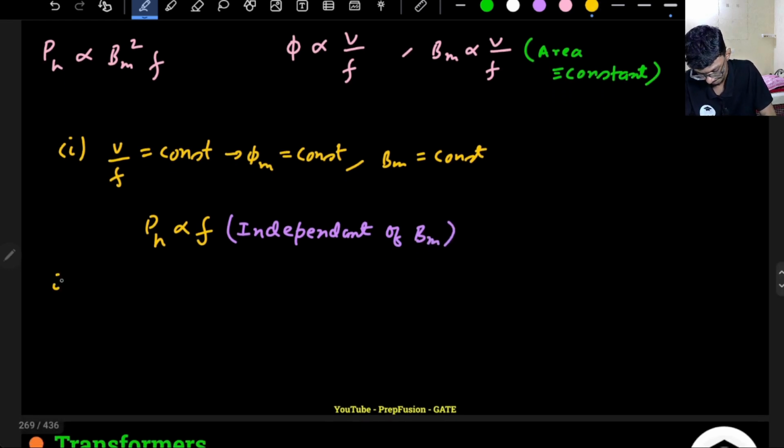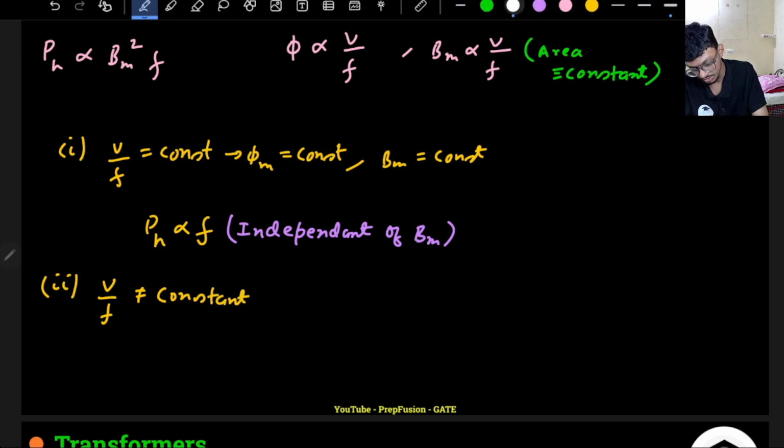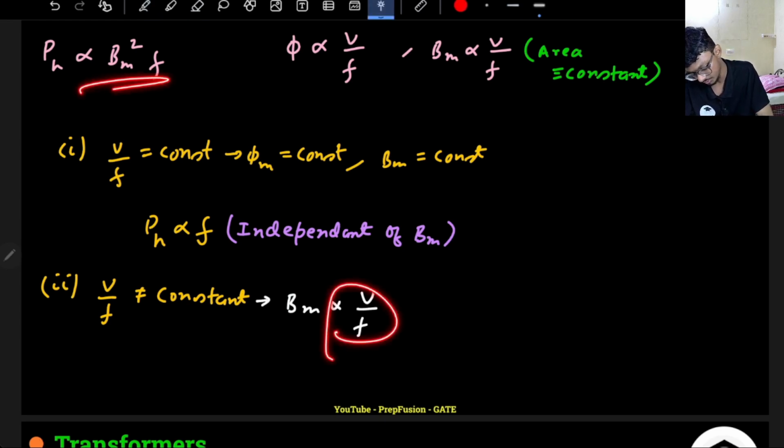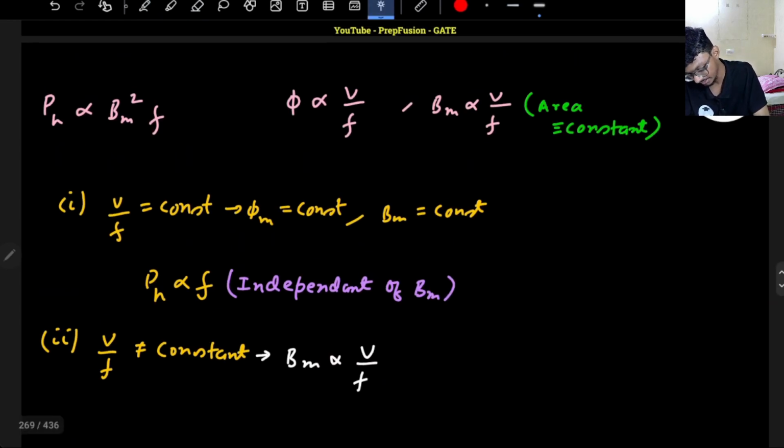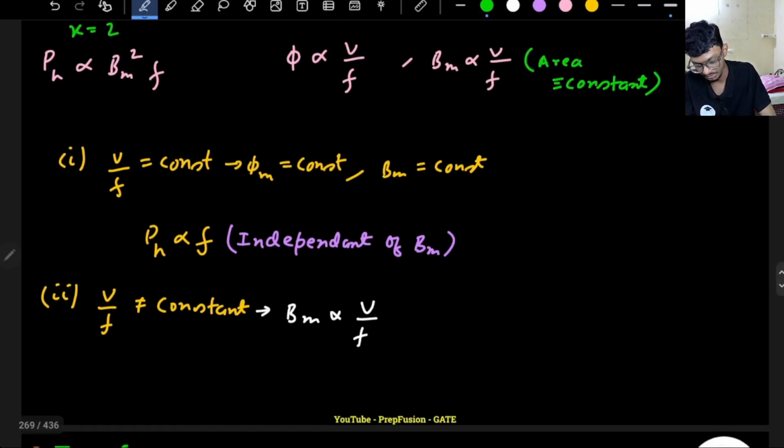The next point: if my V by F is not constant, that means my phi m is not constant, and Bm is proportional to V by F only, if area is constant. So I can replace my Bm in this equation, and the assumption is that I am choosing the Steinmetz constant to be 2, which is what IEEE recommends.